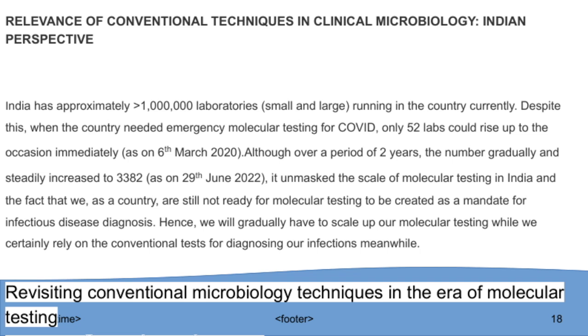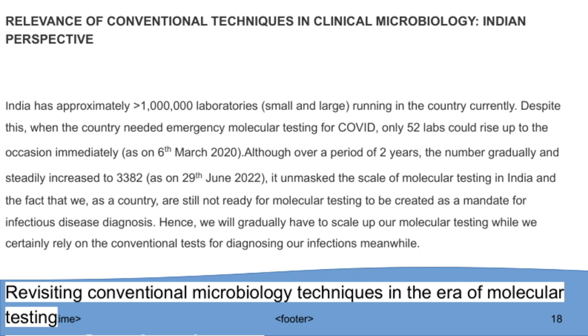However, this also reveals that, as a nation, we are still not fully prepared to rely solely on molecular testing for infectious disease diagnosis. Therefore, while we work towards scaling up molecular techniques, it's crucial to remember the importance of conventional microbiology methods. These traditional techniques remain fundamental and reliable in our diagnostic arsenal.